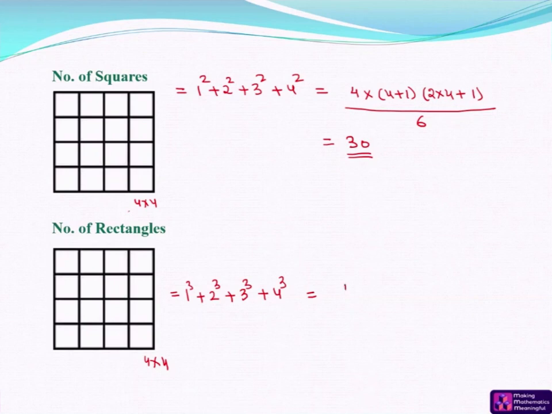So this is n into n plus 1 divided by 2, whole square, and when you simplify this, it comes out to be 100.